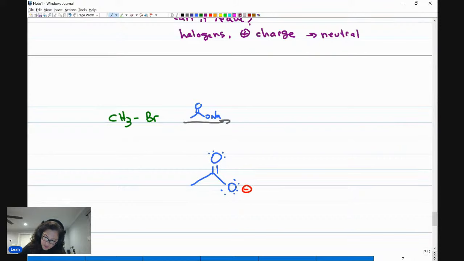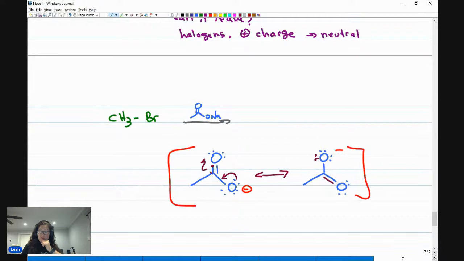I can have these electrons going up, that pi bond being kicked up onto that oxygen. And then my other resonance contributor looks like this, with a new bond right here and now an extra lone pair sitting right here on the molecule with a negative charge. So these are my two resonance contributors.